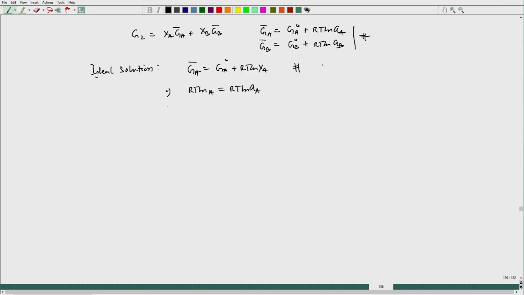From that we can say that Aa divided by Xa is equal to 1, and we know that Ai equals gamma i Xi, where gamma i is nothing but the activity coefficient.